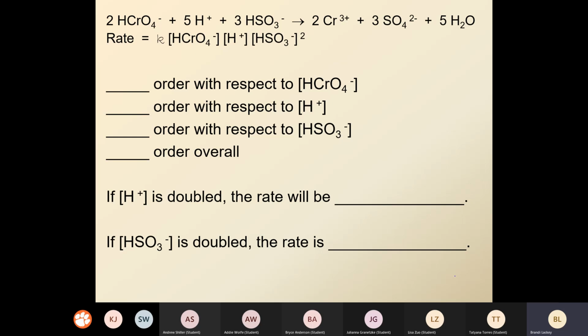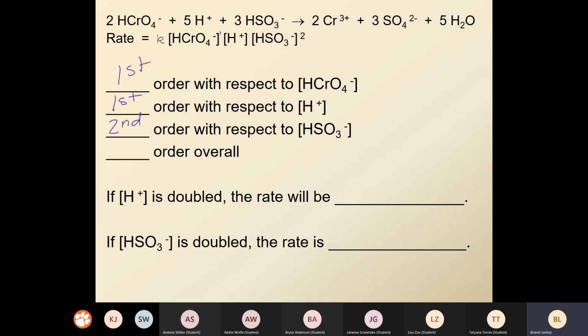Well, hydrogen chromate has an exponent of 1, so it's going to be first order with hydrogen chromate. In terms of the hydrogen, it also has an exponent of 1, so it's going to be first order with respect to the hydrogen ion. The hydrogen sulfide has an exponent of 2, so it's second order with respect to the hydrogen sulfide.